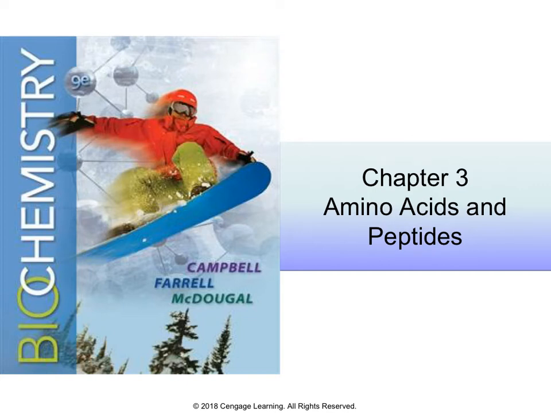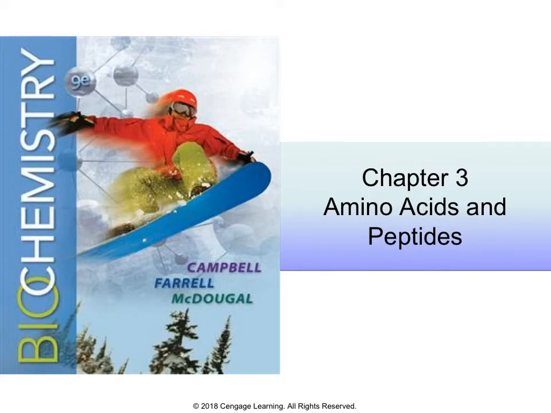Now that we've talked about water, buffers, pH, and the Henderson-Hasselbalch equation, we're going to start talking a little bit more about the details of structural molecules. When we look at macromolecules like proteins and enzymes, they're made up of smaller things like amino acids and peptides.